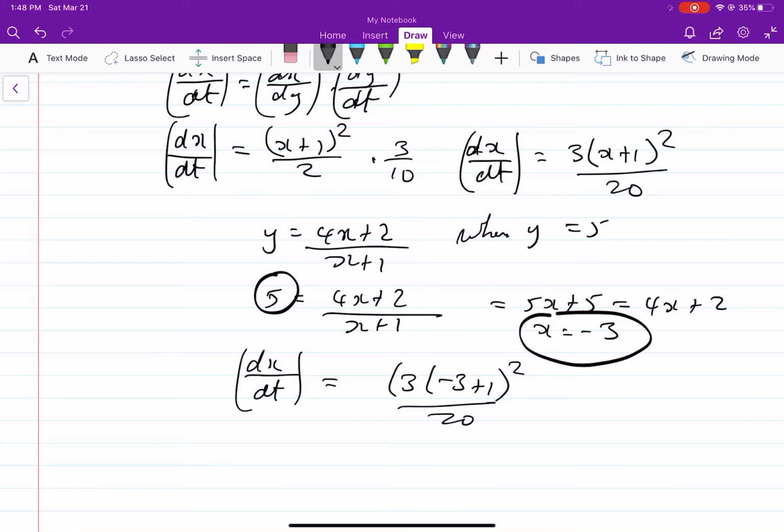That's minus 2 all squared, which is 4 3's, 12 over 20. 4 into 12 is 3, 4 into 20 is 5. So dx/dt is 3/5.